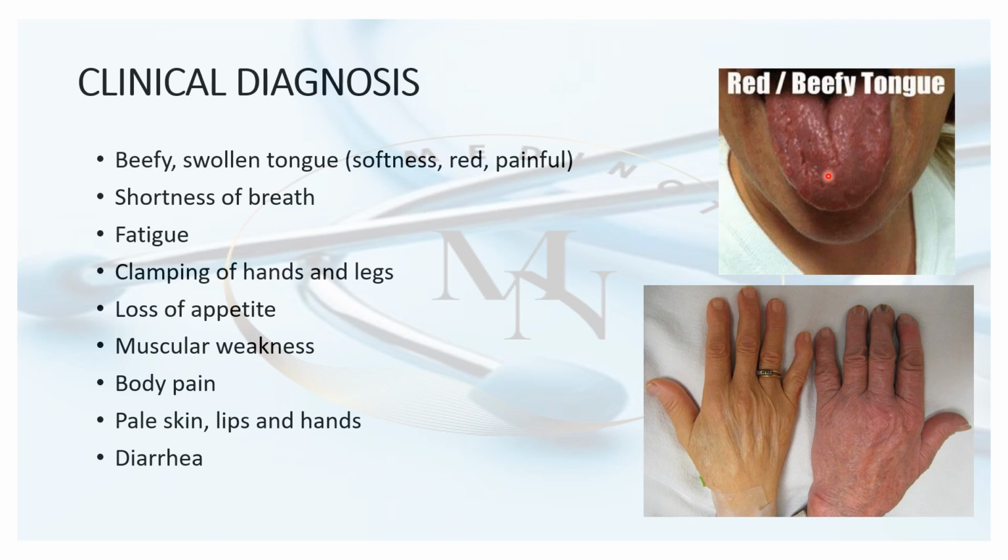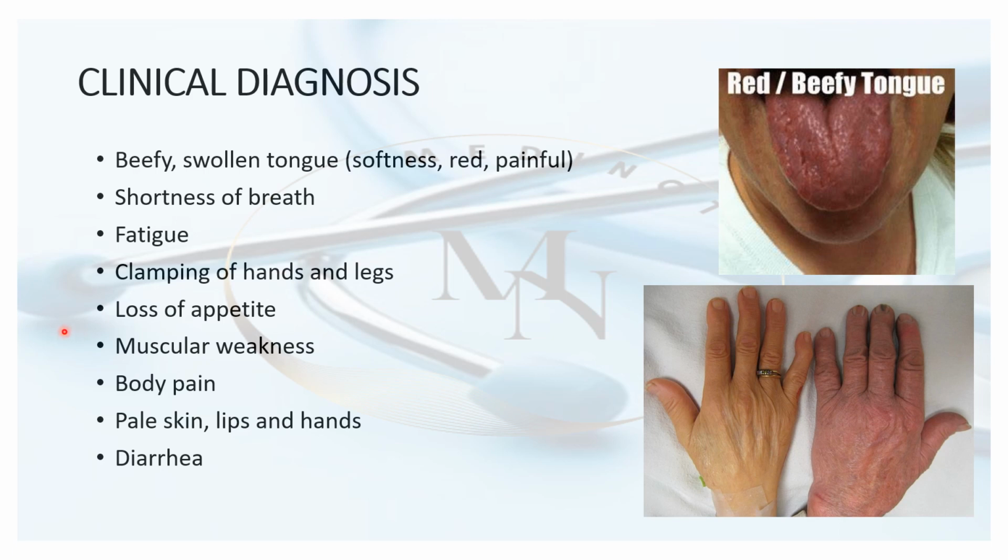If you have gone to your microbiology laboratory, there is a biphasic media in which you would see a beef-type substance, because in the medium we would be using beef. It would look just like this. That's why it was given the name beefy swollen tongue. It would have a bit of swelling, unlike a plain one.